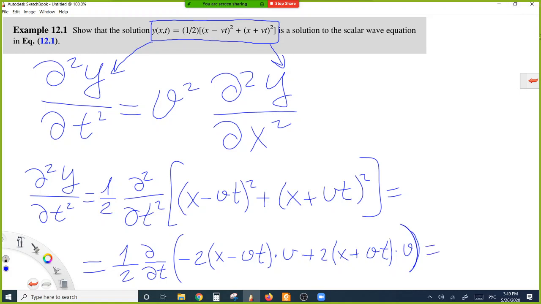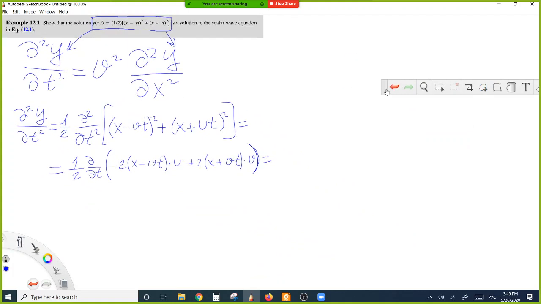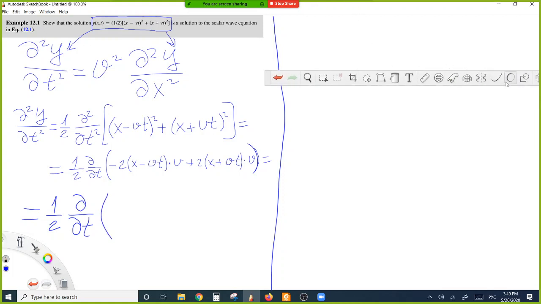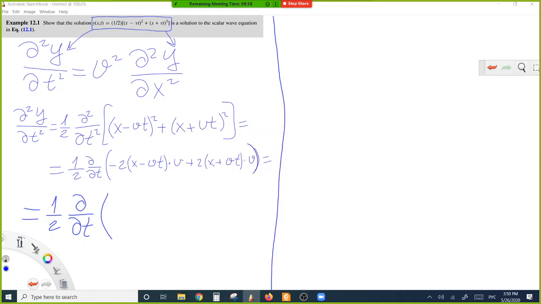What do we get? It equals 1 over 2 d over dt of minus 2x multiplied by v plus 2x multiplied by v, which cancels.